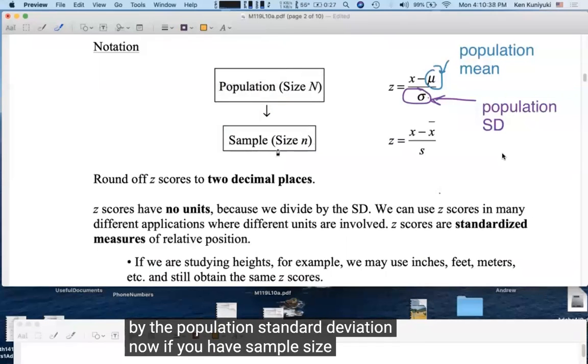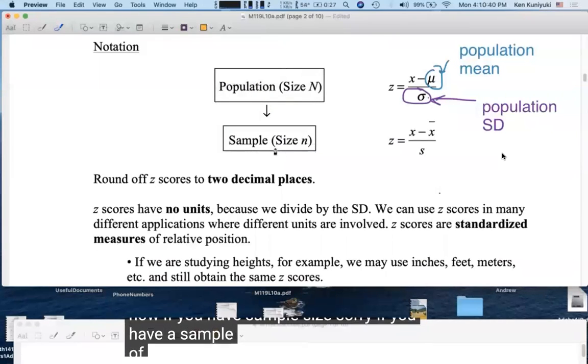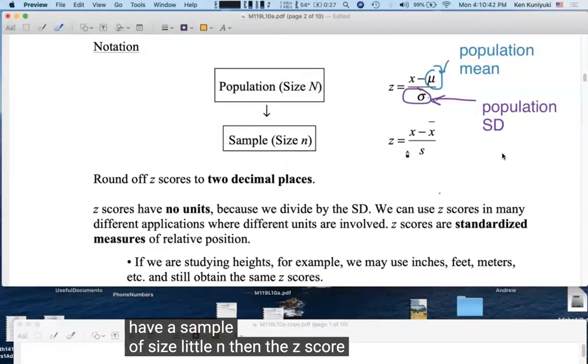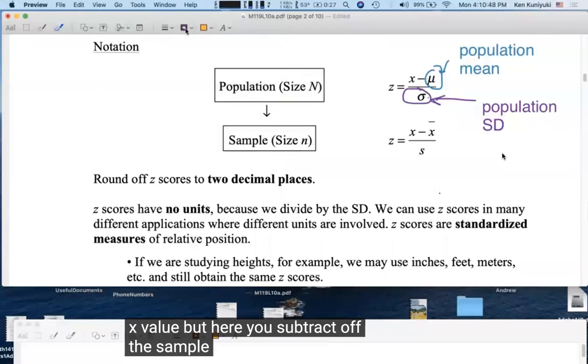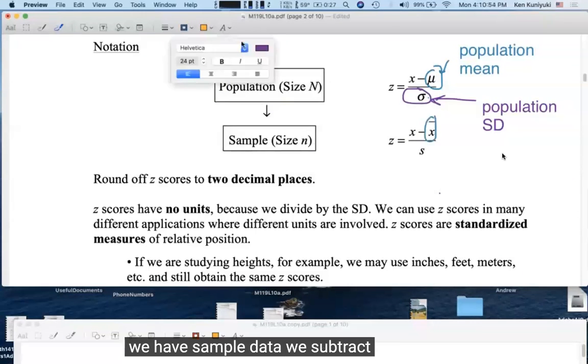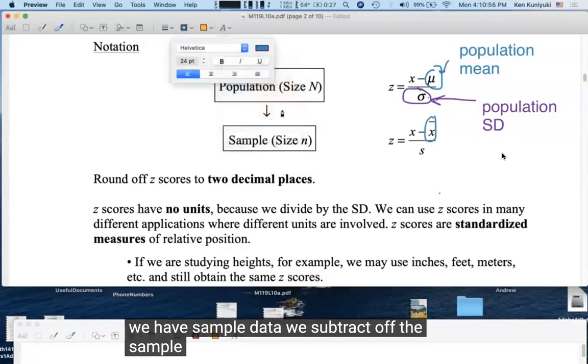We're dividing the deviations from the mean by the population standard deviation. Now, if you have a sample of size little n, then the Z-score is the same idea. You take the original X value, but here you subtract off the sample mean.